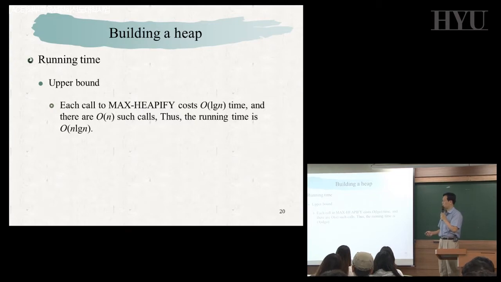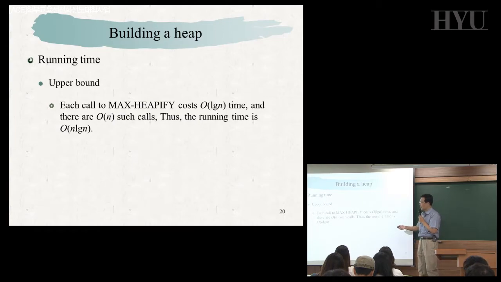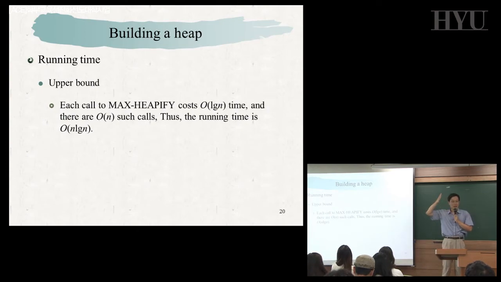Then let's consider the running time. A rough calculation relates to big O of n log n time, because each max Heapify runs in big O of log n time, and we apply big O of n max heapifies.